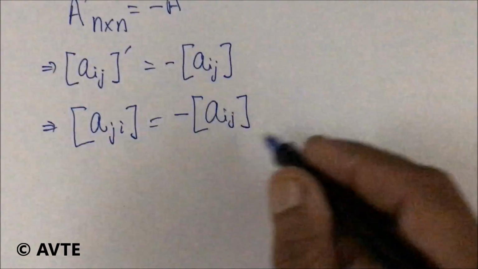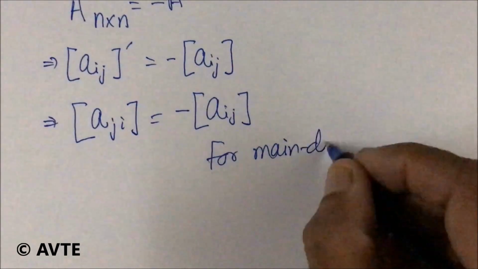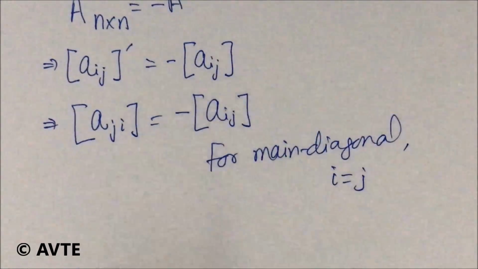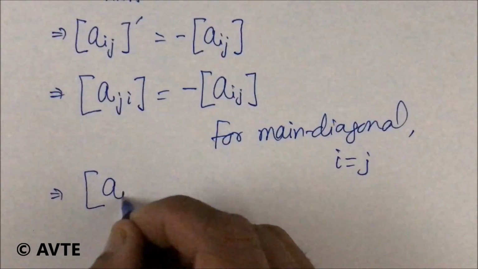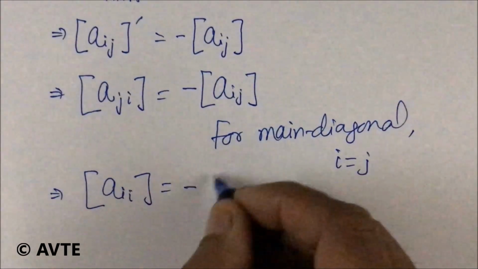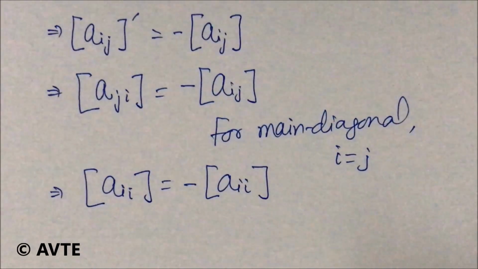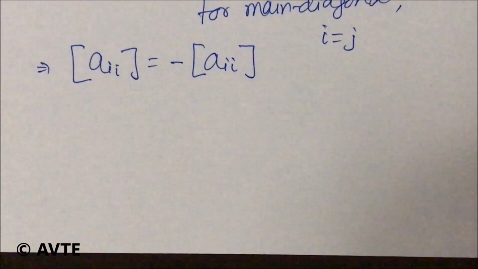And for main diagonal, everyone knows that i equals j. That is, a_ii is minus times of a_ii, and that is only possible when the elements are 0.